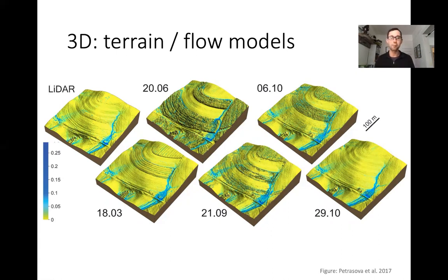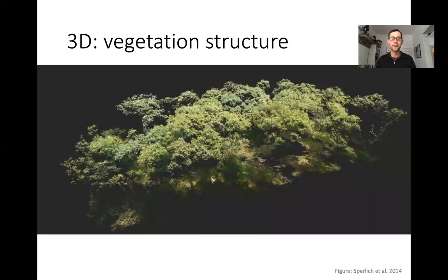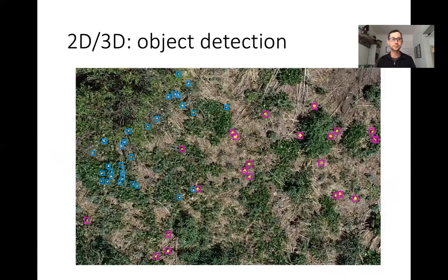We can just use a regular camera. Then we can use techniques to reconstruct the 3D geometry of scenes, including topography. This also works for vegetation. So we can come up with 3D point clouds of vegetation structure, very similar to what you might have seen from LiDAR, just with processing two-dimensional images.